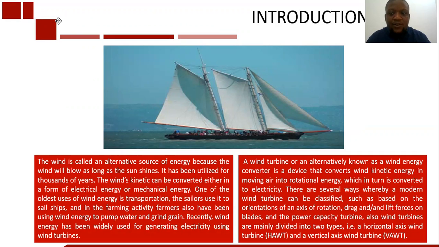There are several ways a modern wind turbine can be classified, such as based on the orientation of the axis of rotation, drag and lift forces on blades, and power capacity of the turbine. Also, wind turbines are mainly divided into two types: horizontal axis wind turbines and vertical axis wind turbines.